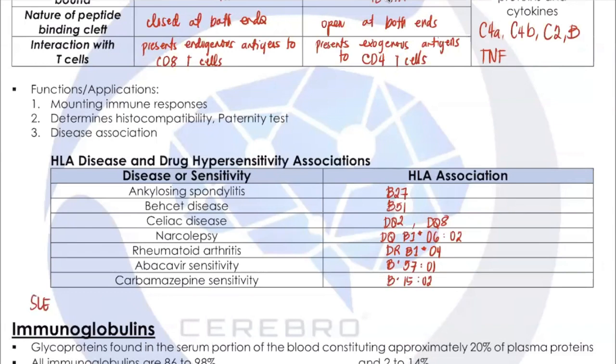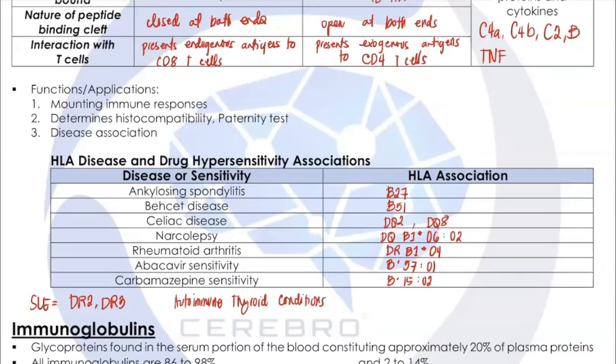Okay? So other than this, syempre include na lang natin si SLE, kasi si SLE favorite din ito sa ASAP exam. So SLE is associated with HLA-DR2 and DR3. Then we have our autoimmune thyroid conditions. So sino sila?